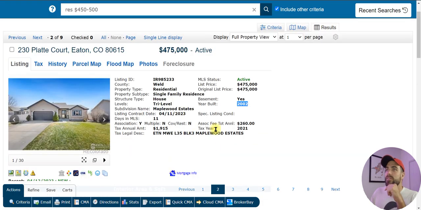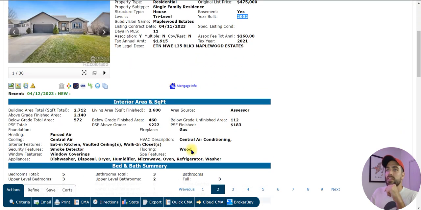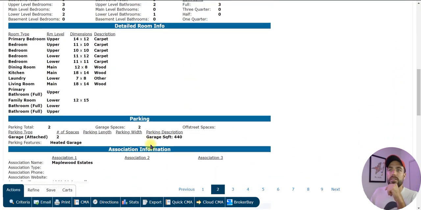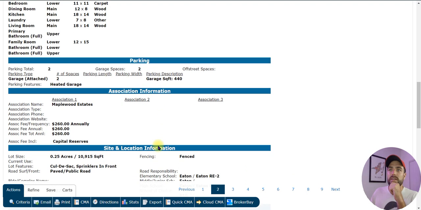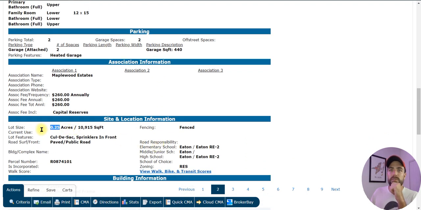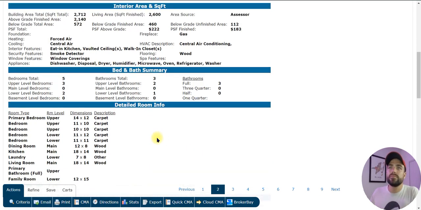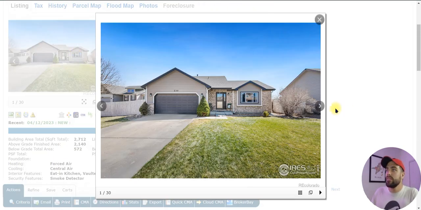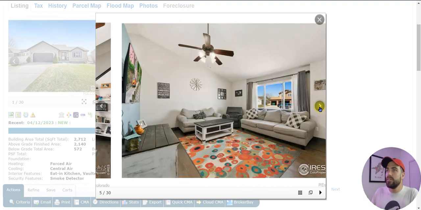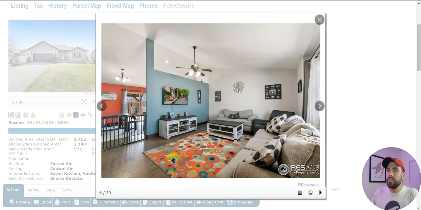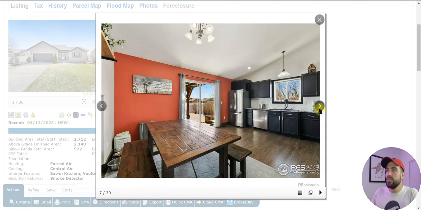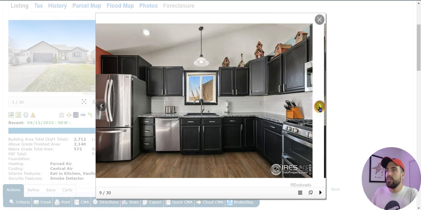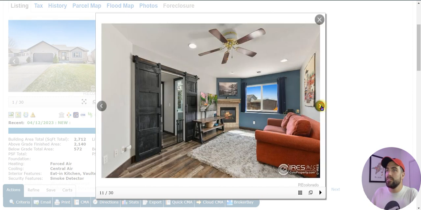Let's look at the size of the lot, so it's 0.25 acres, so it's a little bit bigger. And then let's look through here. Okay, so this is, again, they've got the hardwood floors, updated kitchen cabinets and appliances.